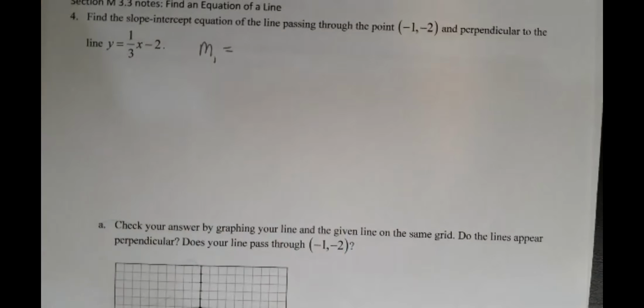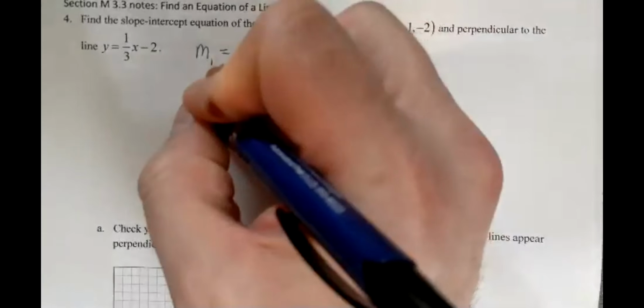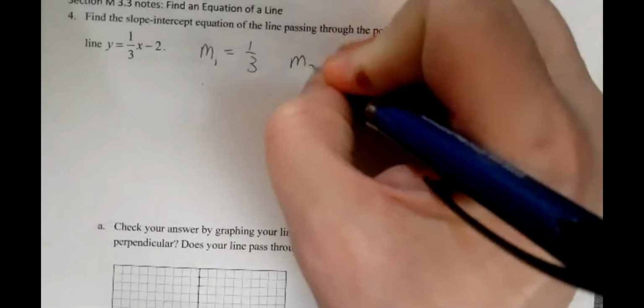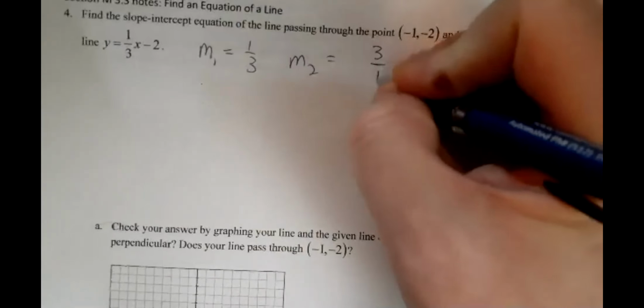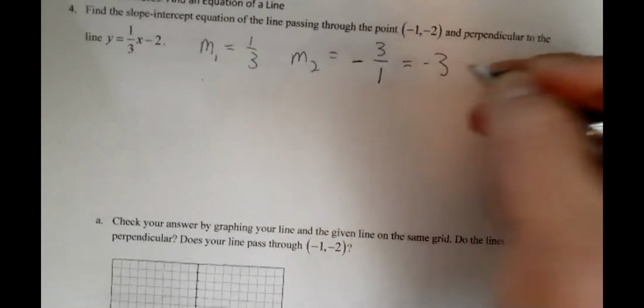So perpendicular gives us information about slopes. If we know that this slope is 1/3, the line that's perpendicular to it, we flip this so it goes to 3/1, and we have to plug in a negative. So the slope I'm looking for my line should be -3.